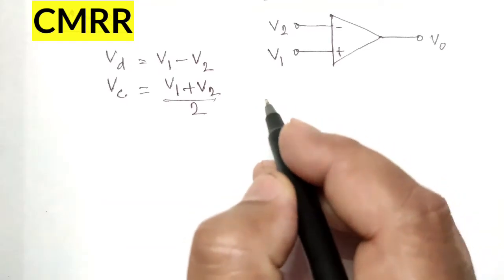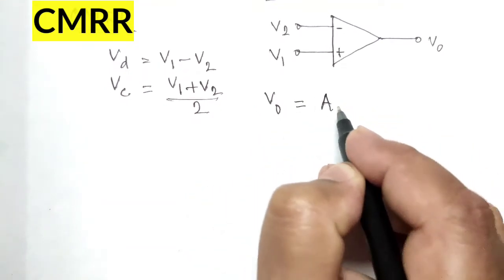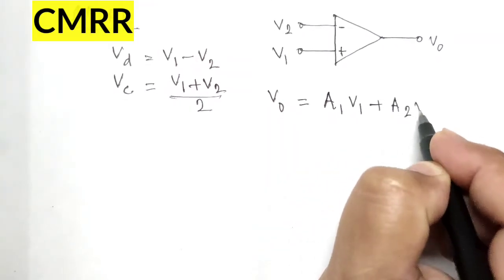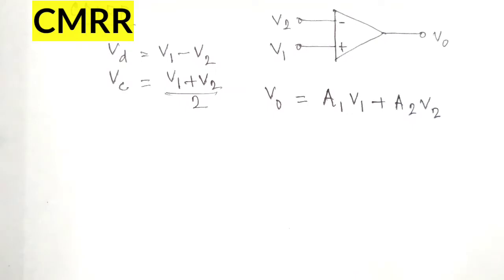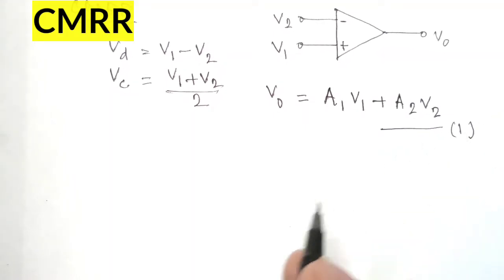We have the output voltage V0 equals A1 into V1 plus A2 into V2, where A1 is the voltage gain when the inverting terminal is grounded, and A2 is the voltage gain when the non-inverting terminal is grounded. Let's denote this as equation 1.